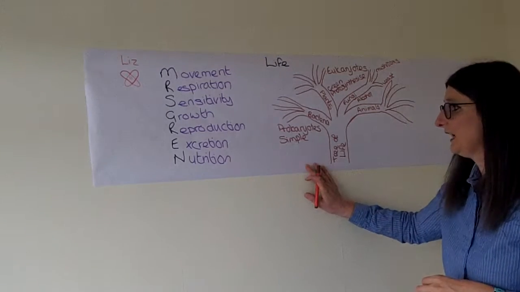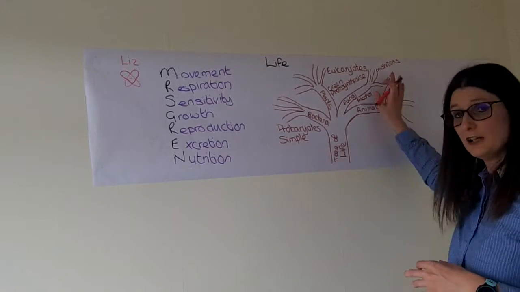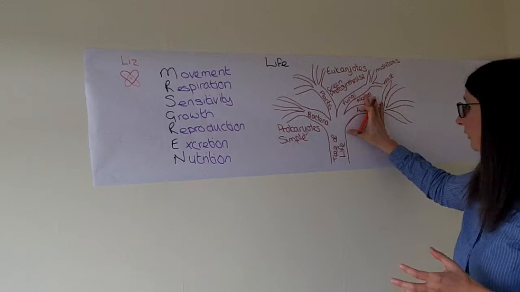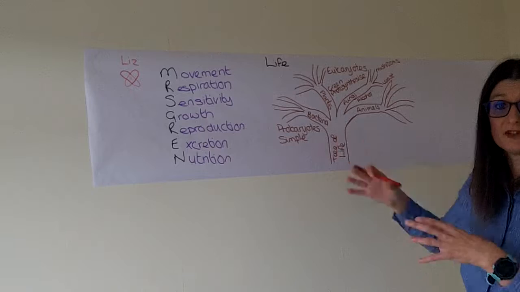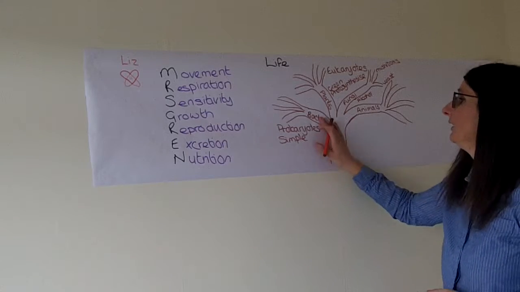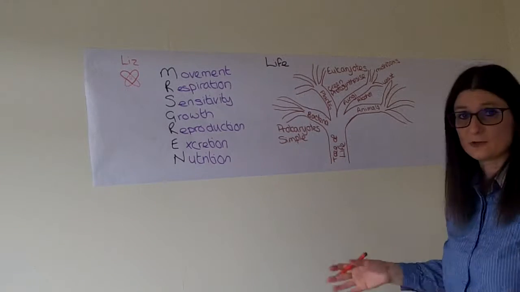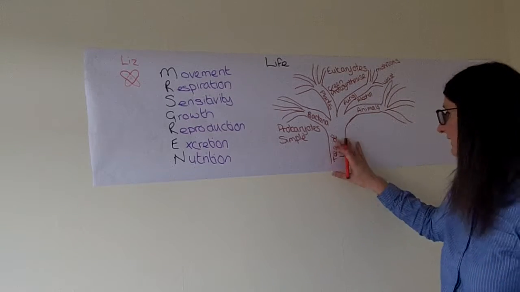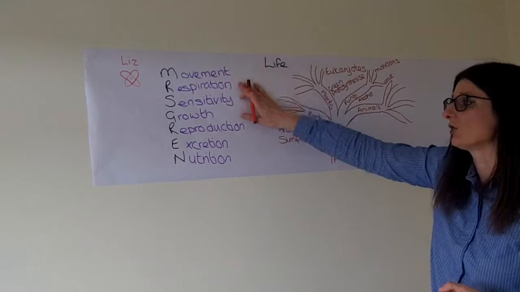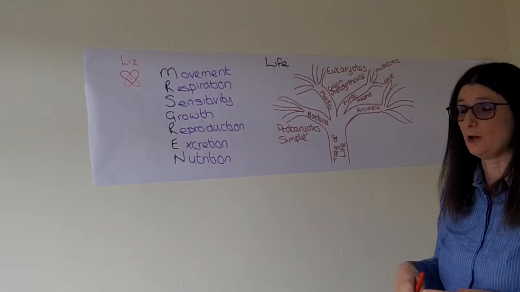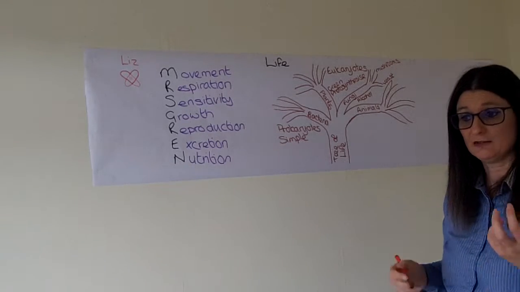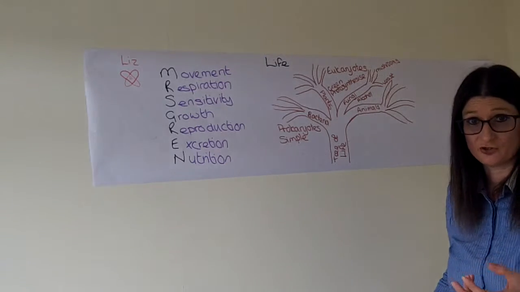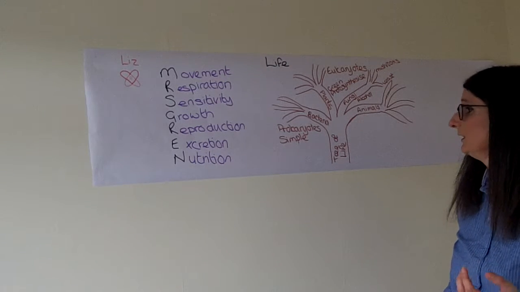But for today, I just wanted to tell you how life was divided, or the first divisions of life, and each of those is then subdivided to make what we think of as being this tree, and all of the things that living cells and living entities have to be able to do to be classified as being alive.